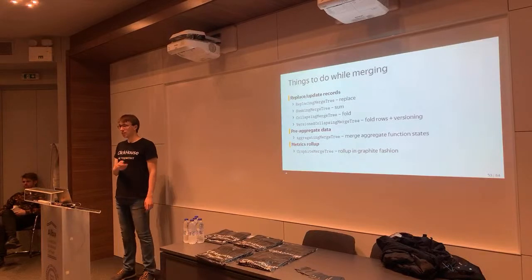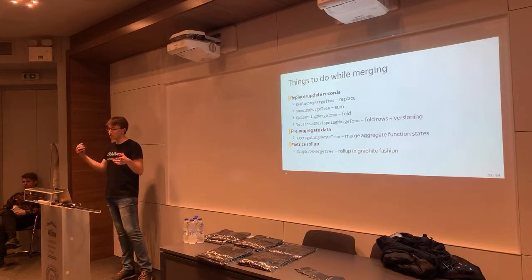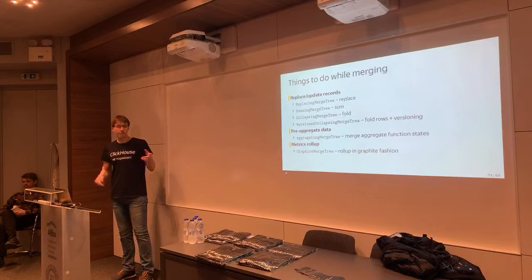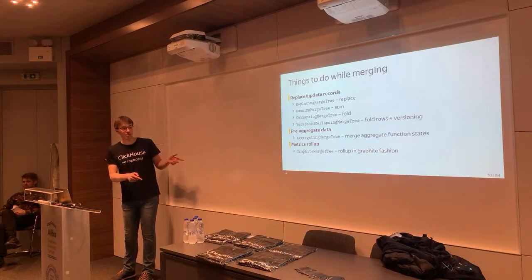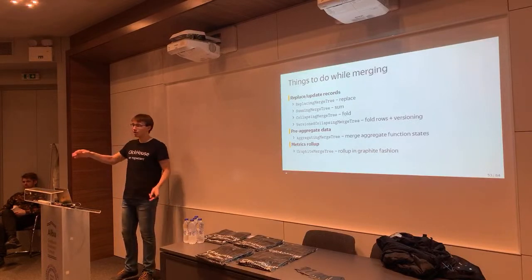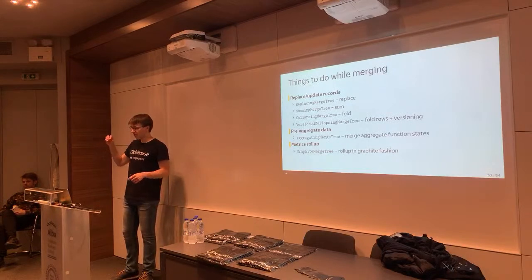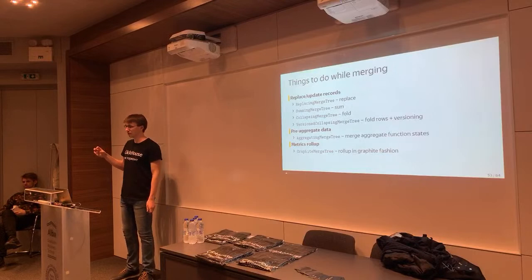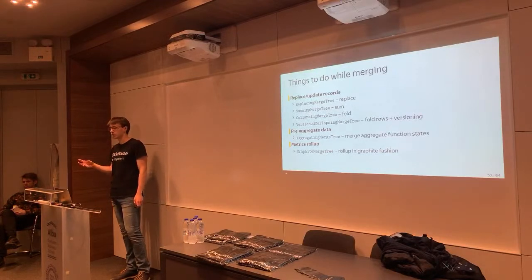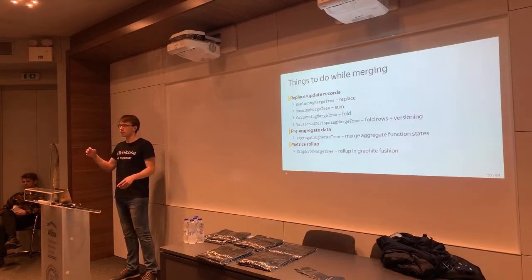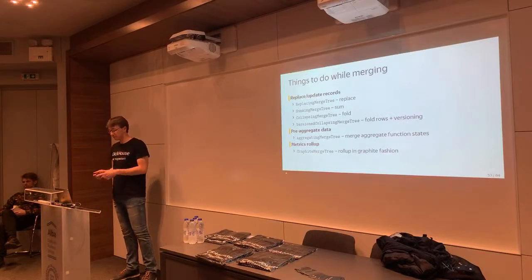Also, we have SummingMergeTree, which sums values of records with equal primary keys. And for more complex logic, you can use CollapsingMergeTree or VersionedCollapsingMergeTree, which fold rows with not only equal primary key values, but we have an additional column for storage, called sign, and rows with negative sign fold with rows with positive sign.